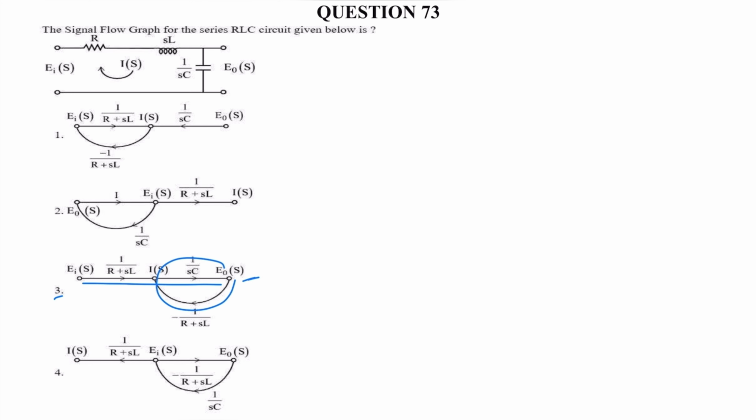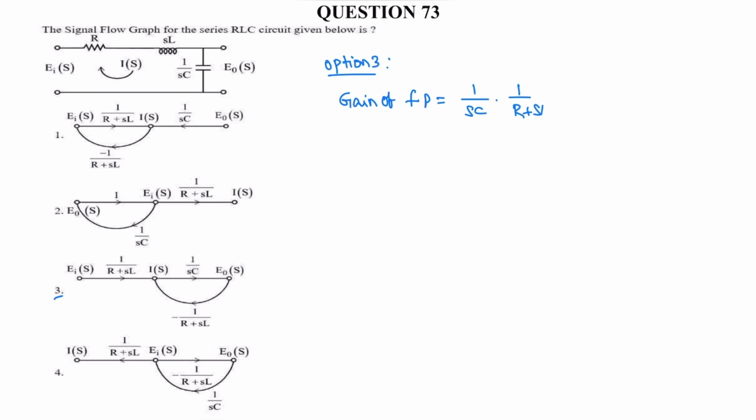Here the gain of the forward path is 1 by R plus SL multiplied with 1 by SC, and the number of loops is 1. The gain of the loop L1 is equal to minus 1 by SC into R plus SL.